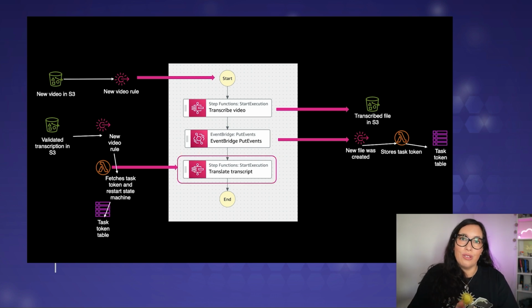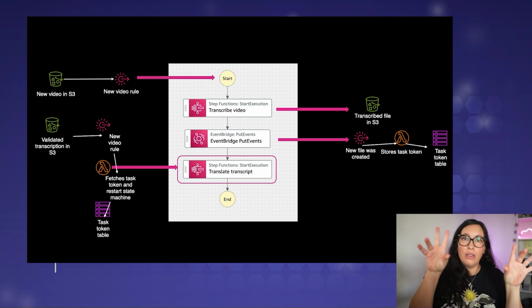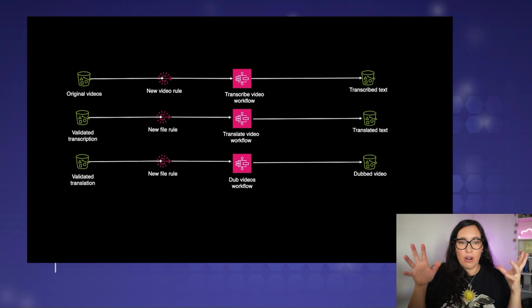And now we go into the translate step. So you can see here that this adds quite a lot of complexity, because now every time we want to extend this state machine, we need to add all this task token management all around.